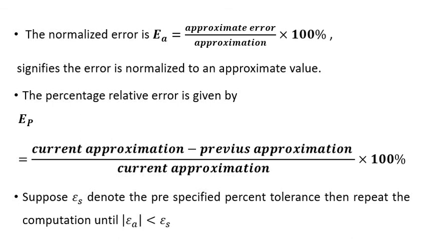And the percentage relative error is given by EP equals current approximation minus previous approximation divided by current approximation into 100%. Suppose that epsilon s denotes the pre-specified percentage tolerance, then we need to repeat the computation until this tolerance is achieved, that is until the absolute value of epsilon a is less than epsilon s.